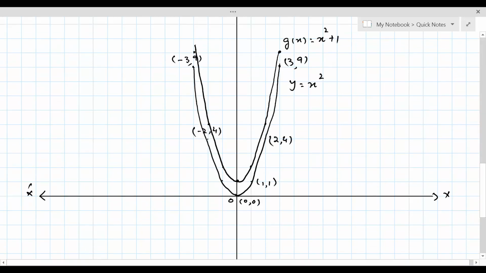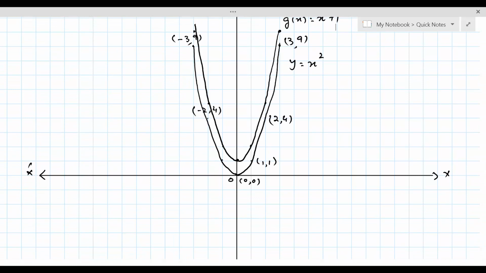then each of the points will be lowered by 2 units. So here this point will be here, and this point will be right here. This 2, 4, which was originally 1, 2, 3, 4 right here, now this will go right here, and this point which was here, this will go right here.